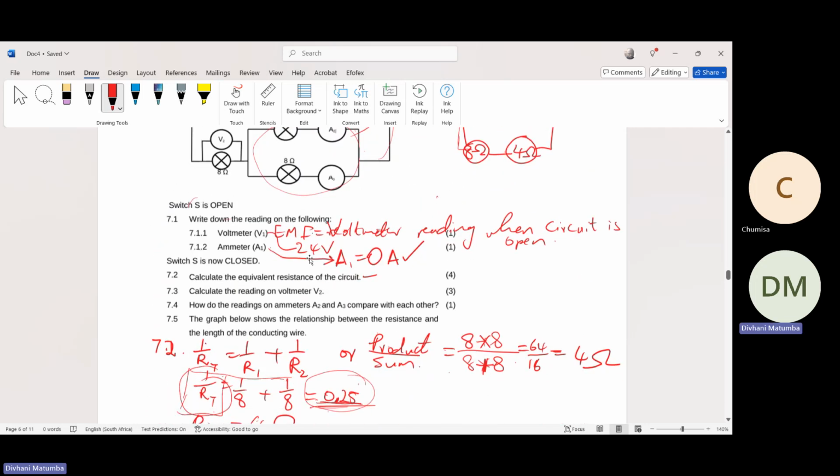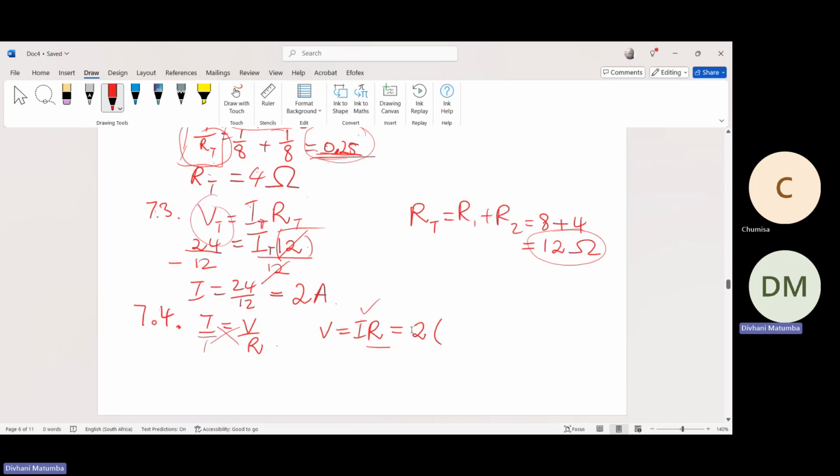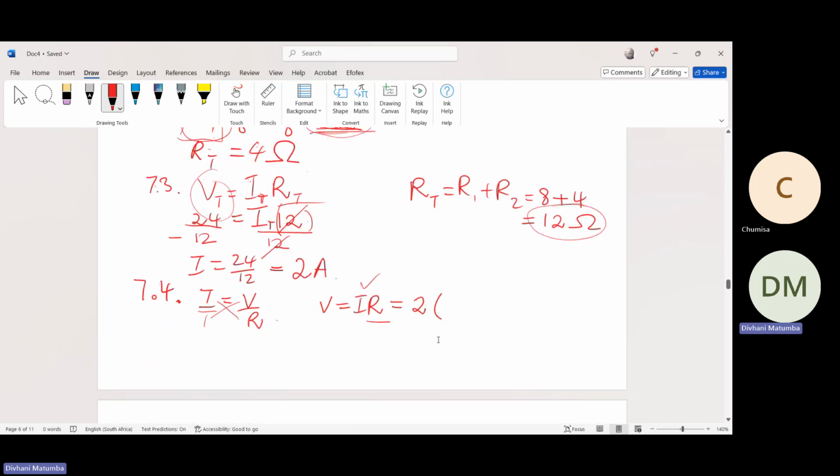So the resistance that we are going to use is 8 ohm. The current flowing through the circuit will pass through the 8 ohm, and it will use 2 times 8, which is 16 volts. Out of 24, it will use 16 volts.